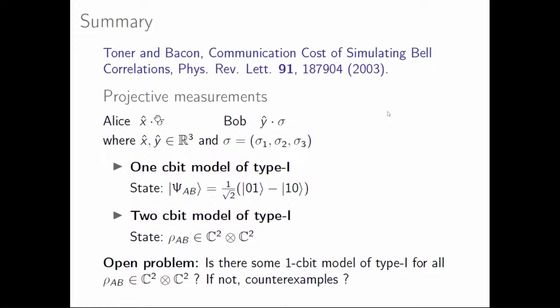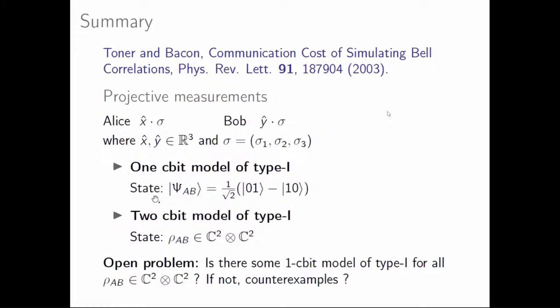It considered projective measurements of this type by Alice and Bob, and it gives a 1 C-bit model of type 1. Type 1, I again just repeat, means that it can simulate arbitrary, for any possible choice of X and Y.